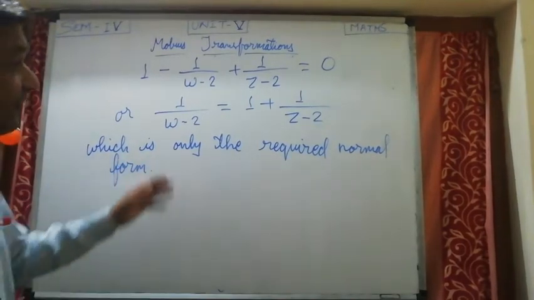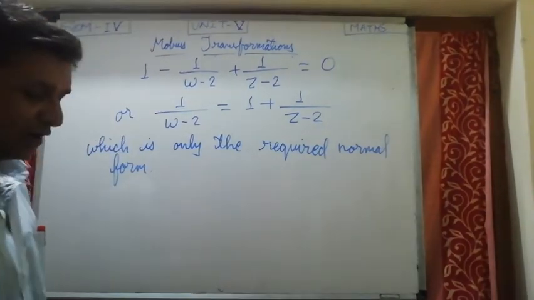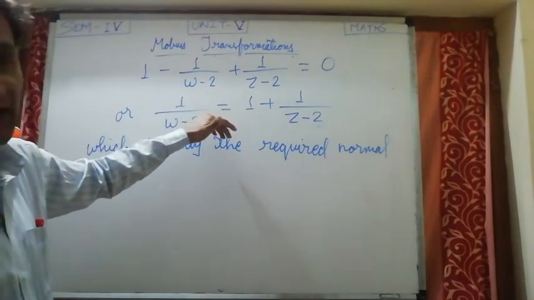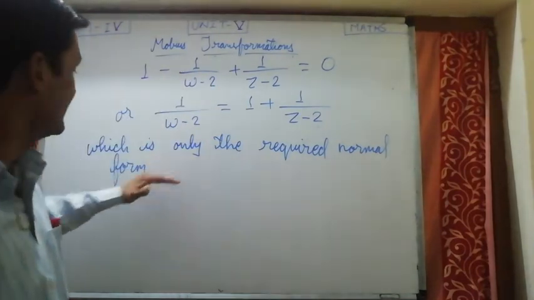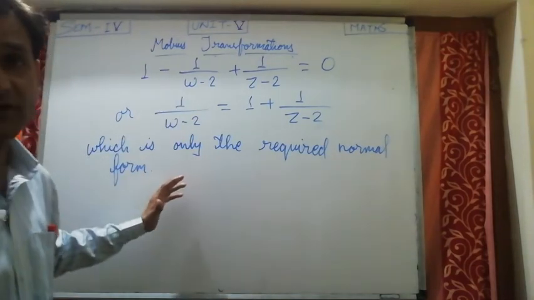So it is very important in Mobius transformation to find out which conic section it belongs to. Here it is parabolic, and this is how to find its normal form. This is the way to solve such types of questions. It is over now.